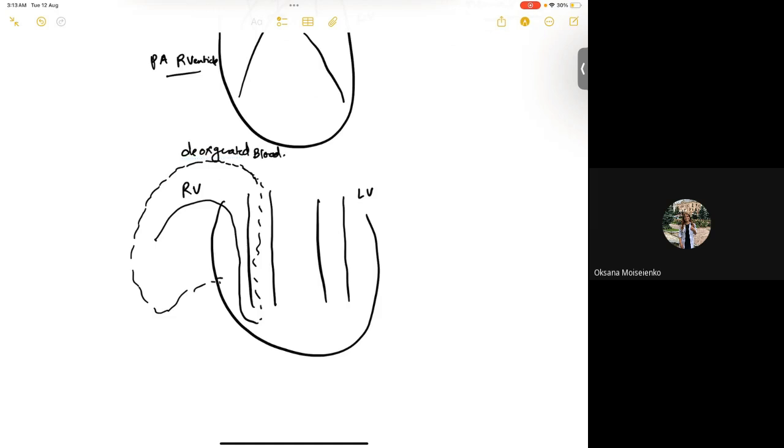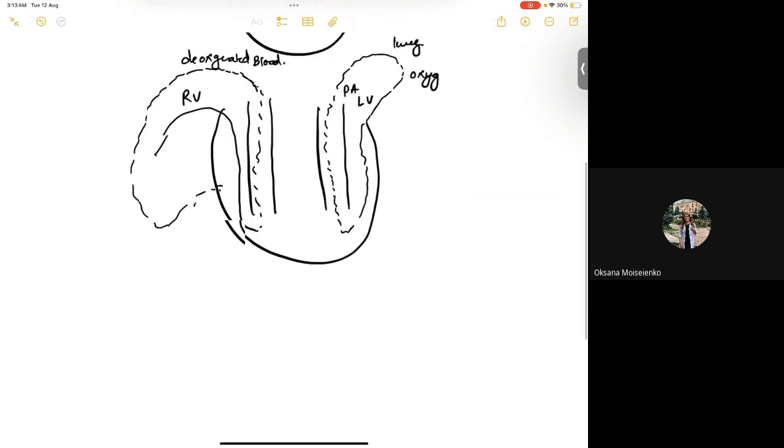While the circuit on the left side, from which your pulmonary artery is arising, will have oxygenated blood. So you can see that the blood from the lungs is going to enter your left heart, again enter your pulmonary artery, and in this way you go through your lungs. In this way you are going to have oxygenated blood in this circuit. So you can see we have two individual circuits formed, on the right side and on the left side.